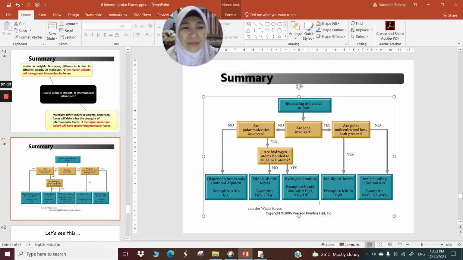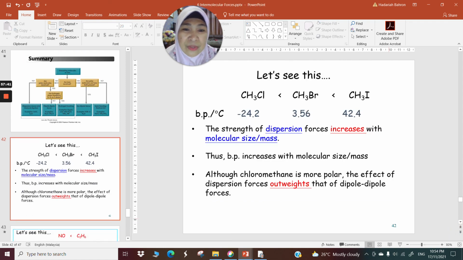So that's not covered in this discussion. But if ions are not involved, then the next question is, are there polar molecules involved? If there are no polar molecules, it's easy, dispersion forces or induced dipole. But if there are hydrogen atoms, you have hydrogen bonding. If there are no hydrogen atoms, then you have dipole-dipole forces. So that's really quite easy to understand the flow.